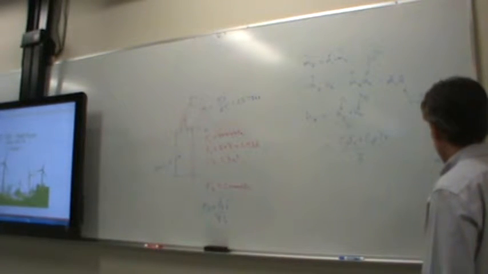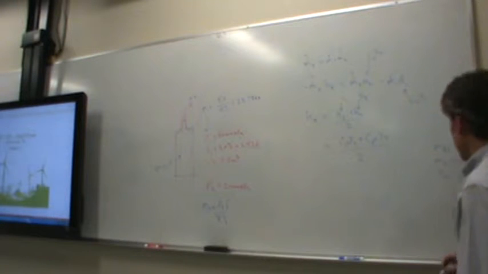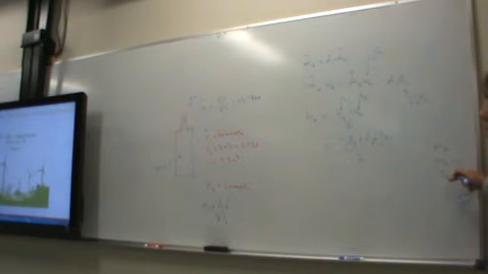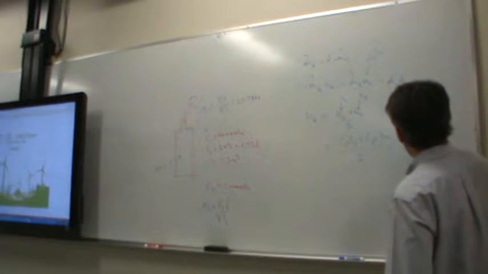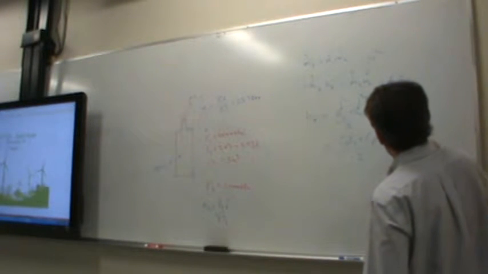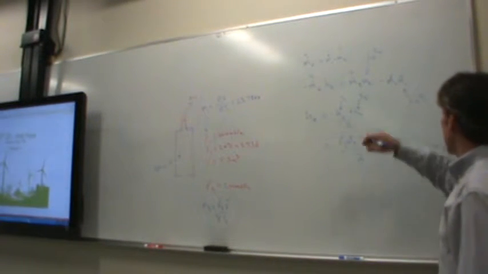M2 and T2, this relationship is the ideal gas law, right? Ideal gas law. That's what relates T2 and M2. What relates the mass that exits and M2 is a mass balance. Okay? And the third relationship in order to solve all this is the energy balance.